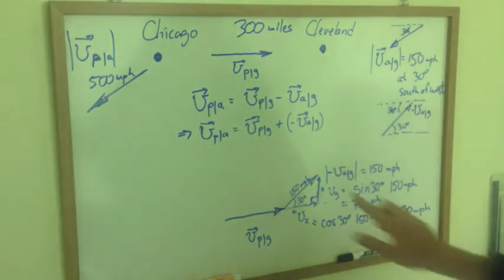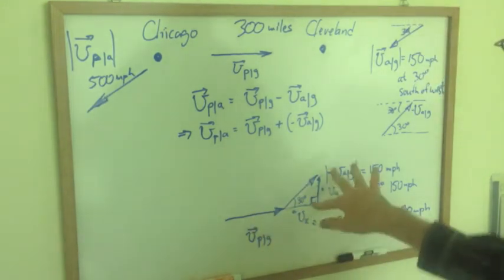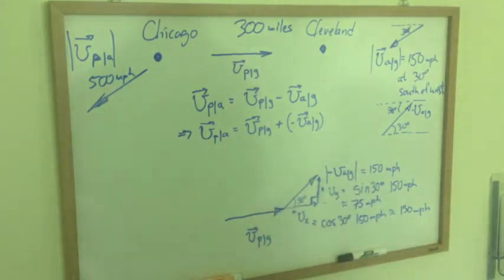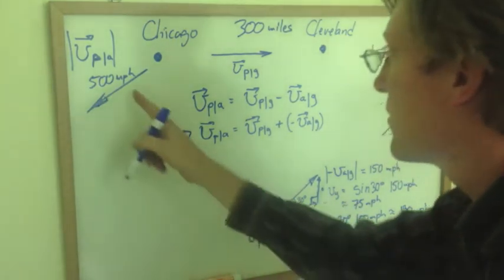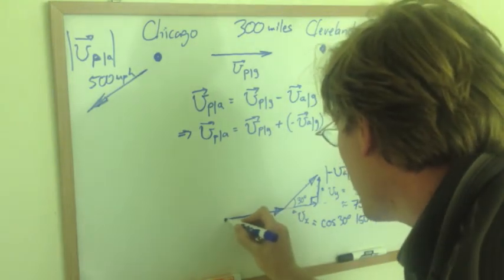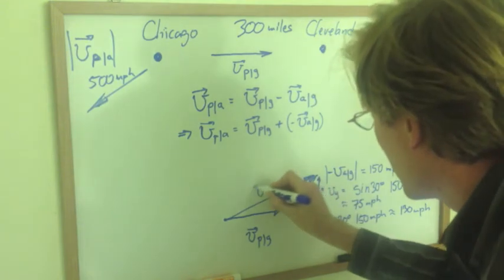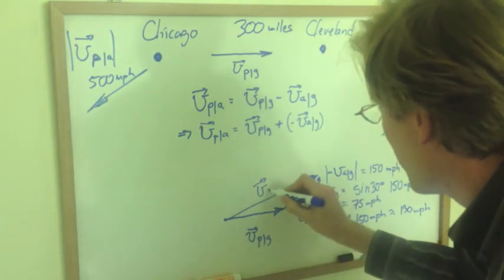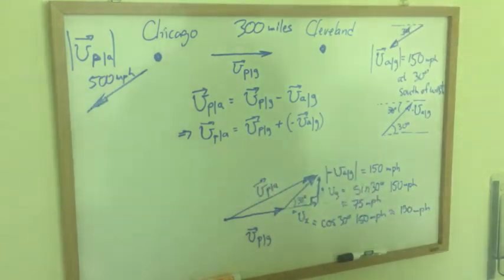All right, now we know that these two vectors add up to the airplane's vector, the plane flying through the air. It's the addition of these two vectors. Here's a vector.